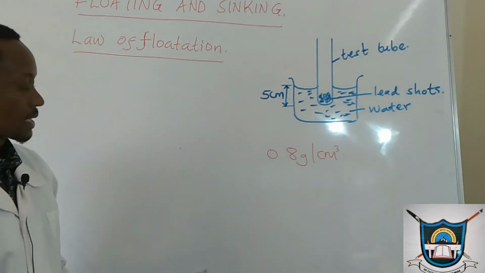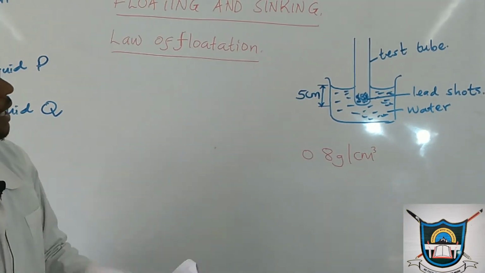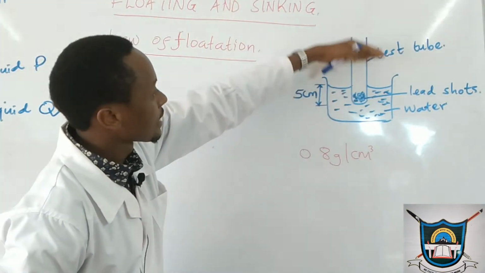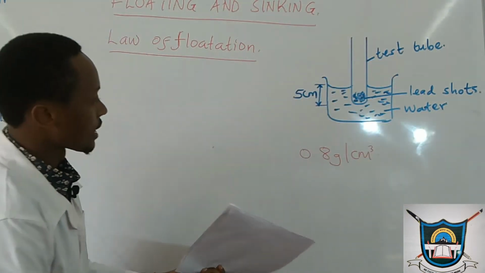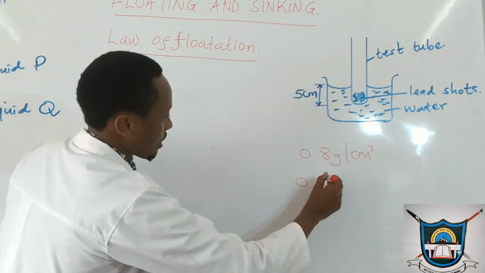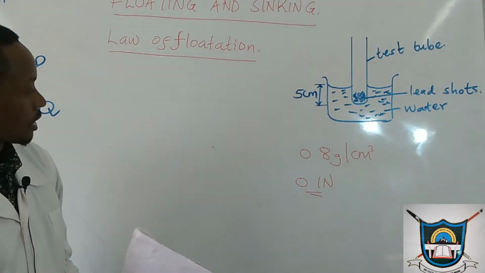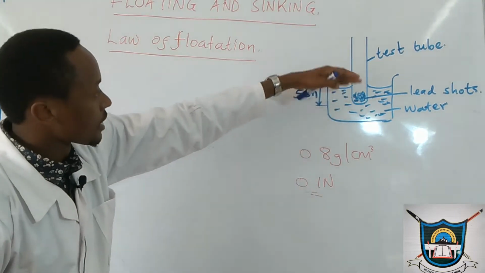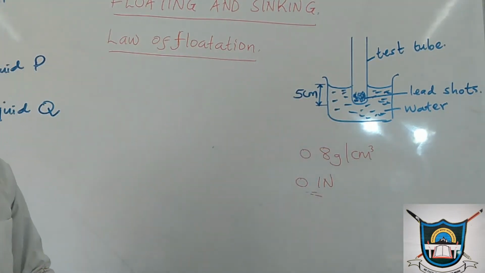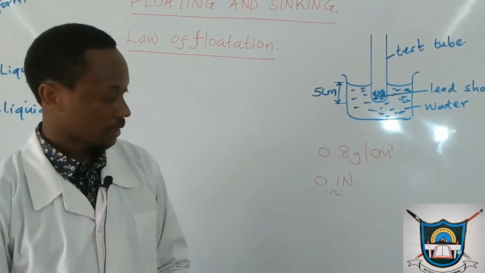In part 3 of this question, we had said that the weight of the test tube and the lead shots is 0.1. So we want to determine the height when this test tube floats in a liquid whose density is 0.8.